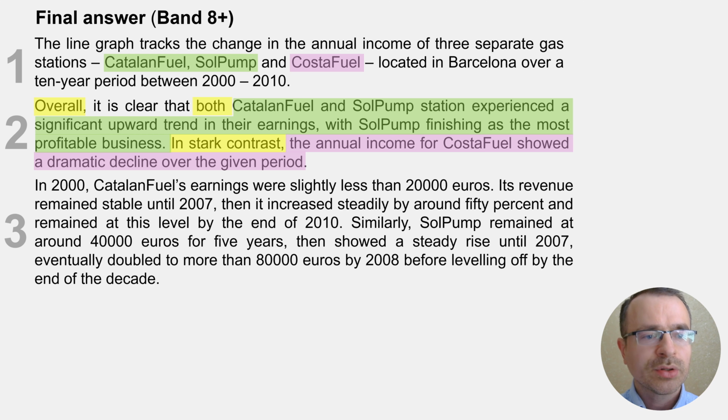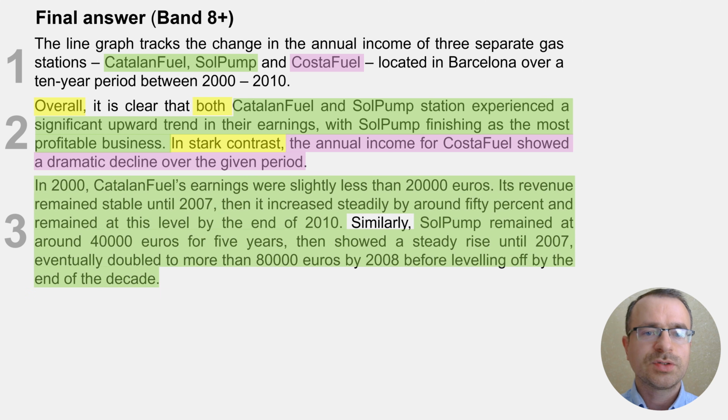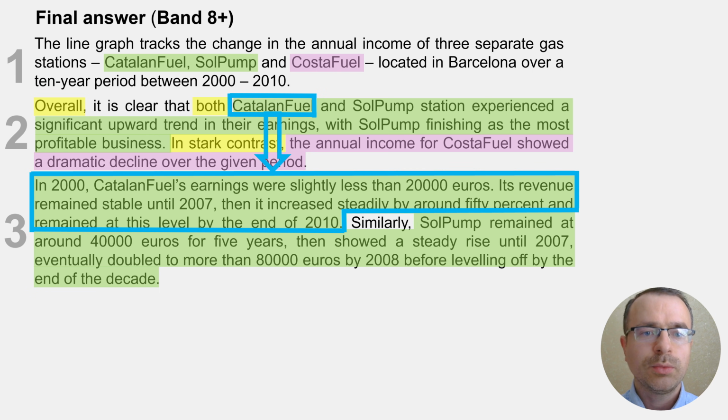For the third paragraph, we mostly talk about the Catalan Fuel and Salt Pump Station because we already agreed that they both go up. So we group them together. Firstly, we talk about the Catalan Fuel. We describe its trend, and that's it. Then we use the word "similarly".